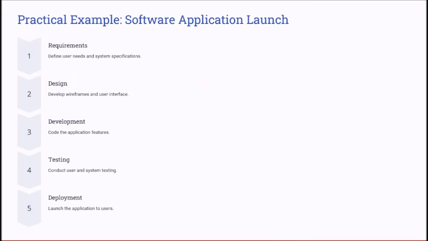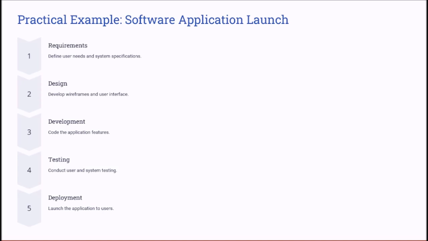To have a practical example here, consider a project to launch a new software application. The major deliverables include requirement gathering, design, development, testing, and finally, let's say, the deployment. Each of these is broken down into smaller tasks, such as define the requirements, develop the wireframes, or conduct user testing.